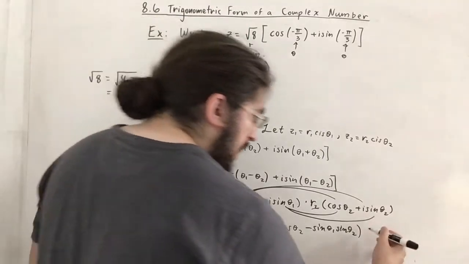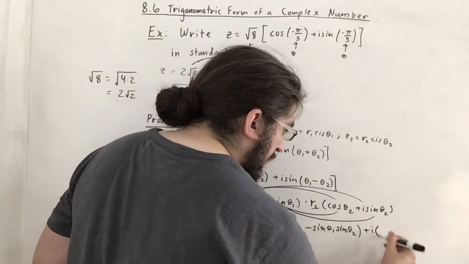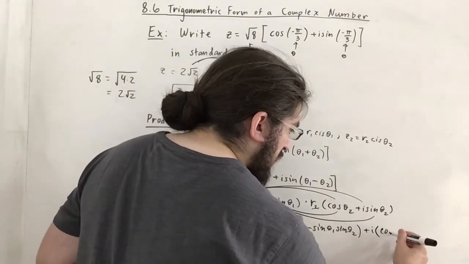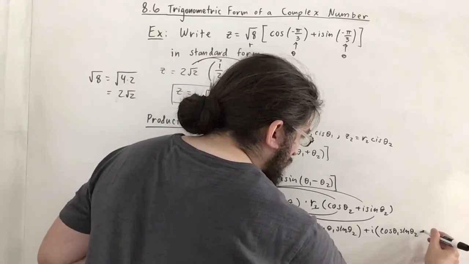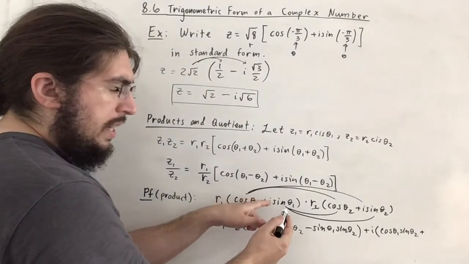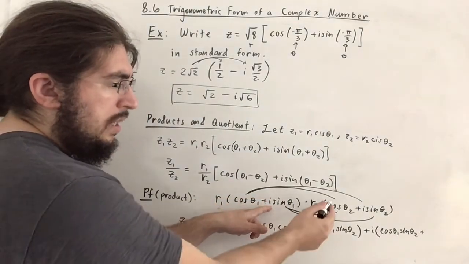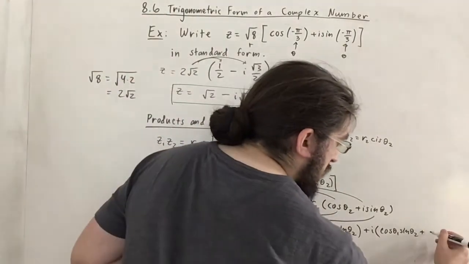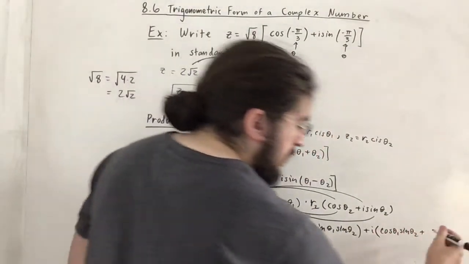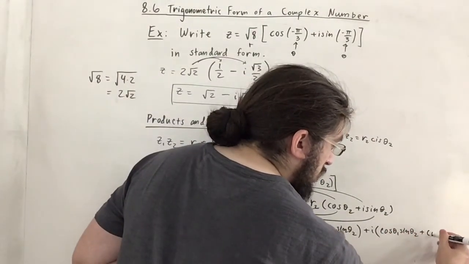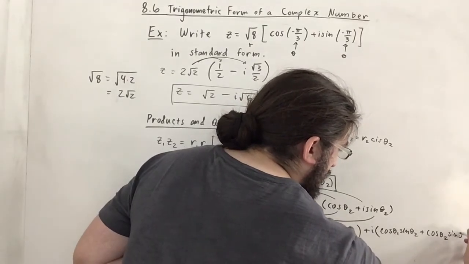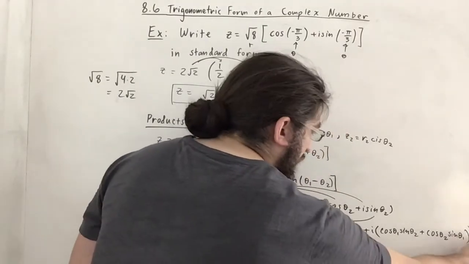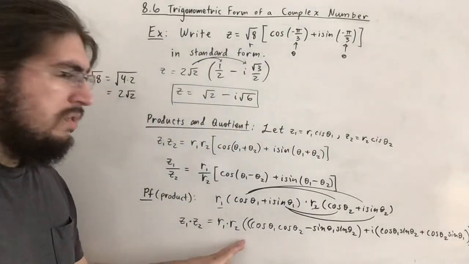I'm going to write i times cosine theta 1 times sine theta 2, plus the next one involving i, which is i sine theta 1 times cosine theta 2. So again, we're pulling the i out. So we get cosine theta 2 times sine of theta 1. Fantastic. Close parentheses twice, of course, for this multiplication.